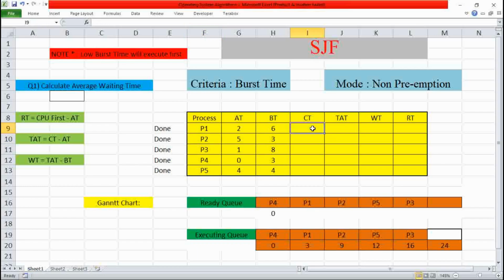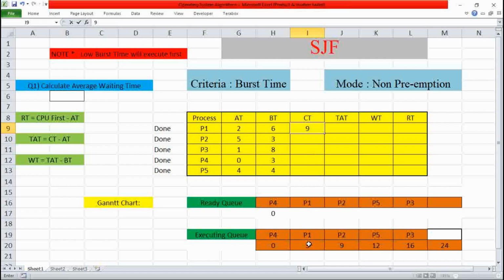Now we will complete the following tables very easily. So, completion time for P1. If you are trying to complete the completion time, turnaround time, waiting time and response time, you always have to look at the executing queue table, not the ready queue table. Now CT here means completion time. Check at what time P1 is completed. P1 has completed at 9.